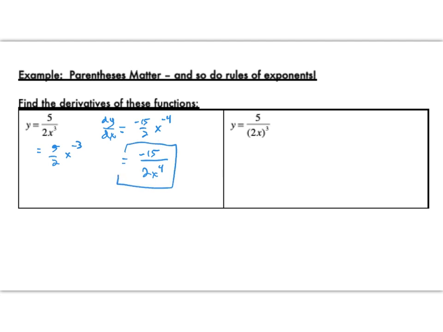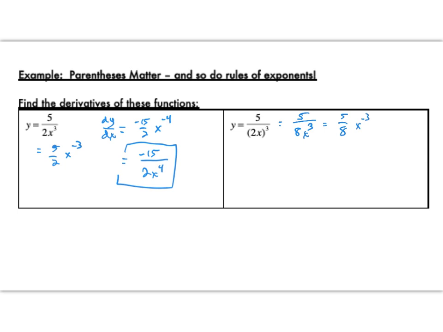Now in this case on the right, the difference is the parentheses and the position of the power. So we're going to power this thing out first. 2 cubed is 8, and x to the third is x cubed. So I can rewrite this as 5 over 8 x to the negative 3.